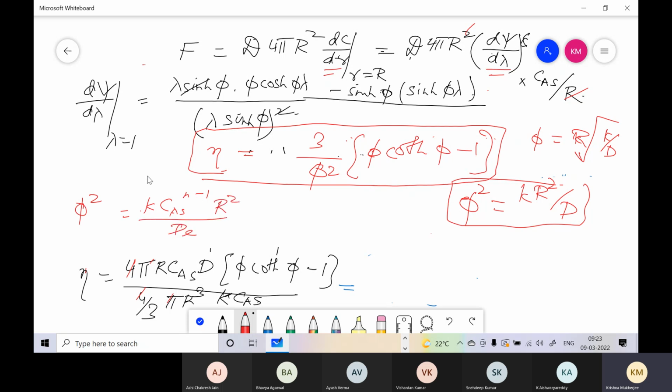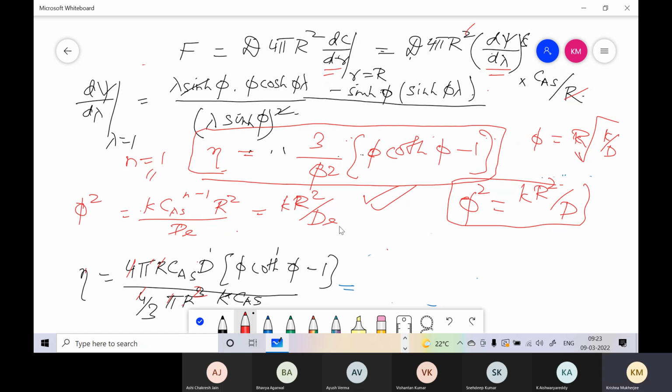Which becomes, for n equal to 1, K R square by D. So we have essentially the efficiency as this expression here.